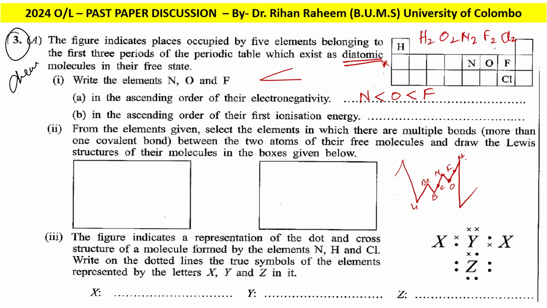And here it's neon. So fluorine will be the highest. Nitrogen will be next to that. Oxygen will be below that. So O, N, F is the first ionization energy order. Are you clear about it?